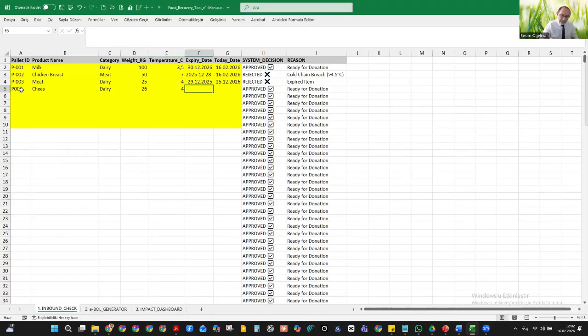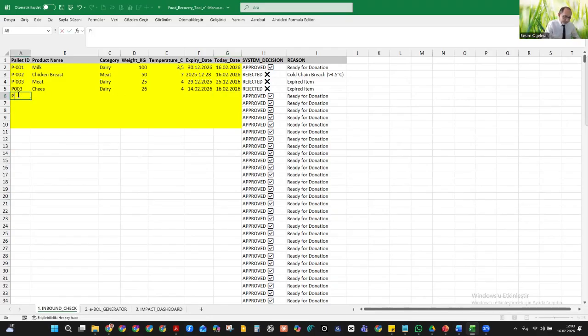Expiry date is Valentine's Day, and today's date is entered, then the system rejects this cheese.